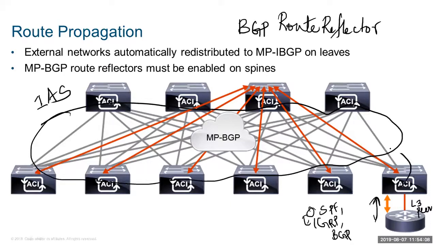They get redistributed into MP-BGP. Remember why it has to be MP-BGP? We are talking about multiple tenants, multiple VRFs.